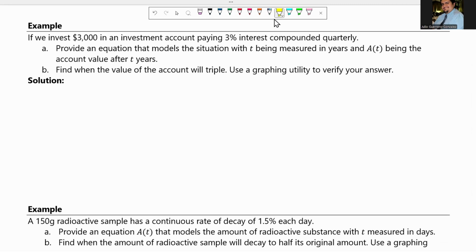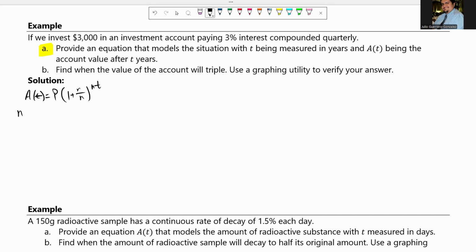Okay, let's go ahead and do this first example, part A. Suppose we had $3,000 in an investment account paying 3% compounded quarterly. First of all, I want to find an equation. I need to find A of t equal to P times 1 plus r over n to the nt.